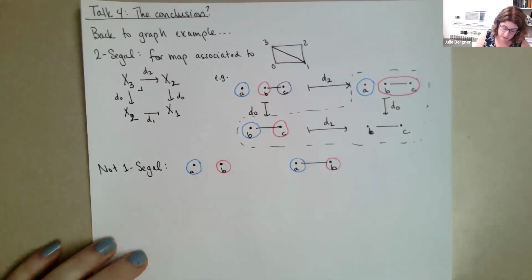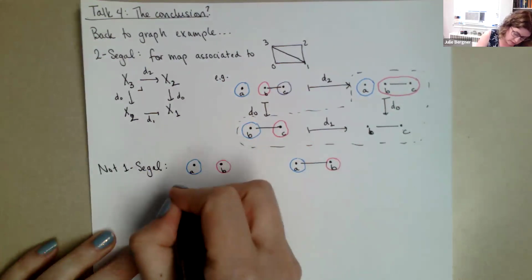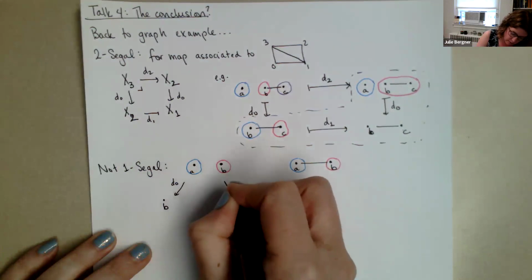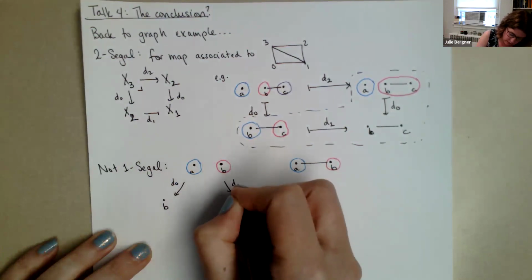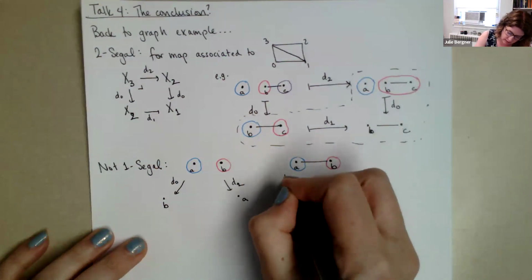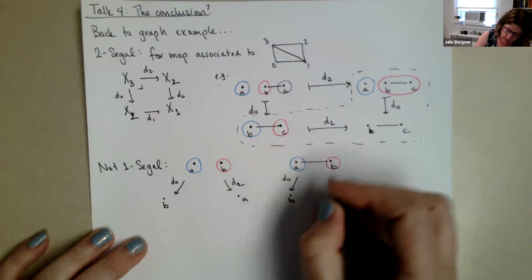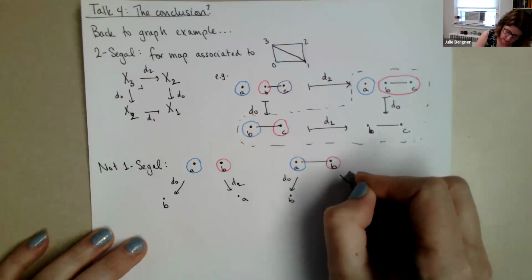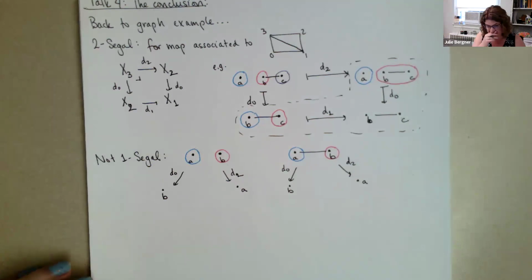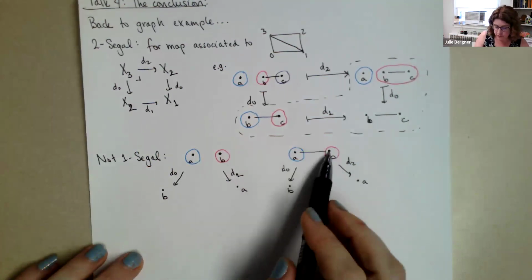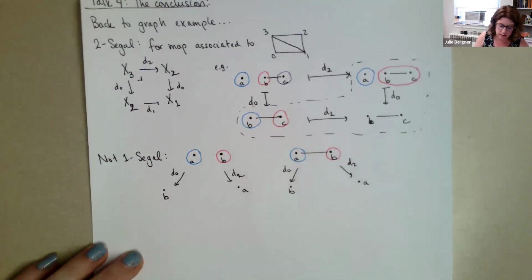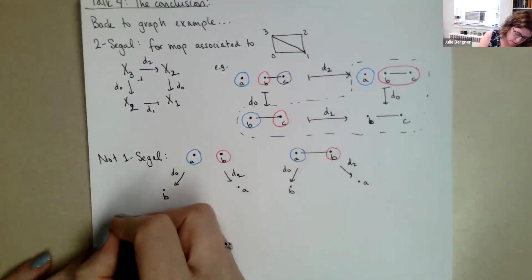These are just given by the face maps D0 and D2. So when I take D0, I'm just left with B. When I take D2, I'm just left with A. But that is the same thing that I get over here because I sort of lose the data of this edge because the edge isn't contained in a single partition. It gets lost when I take these 2 face maps.